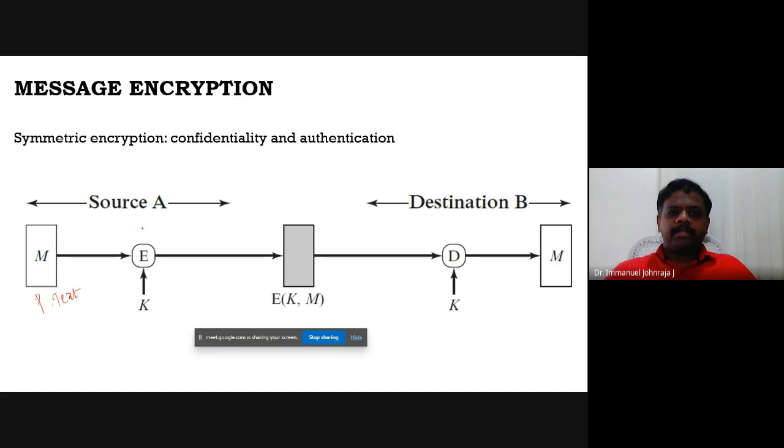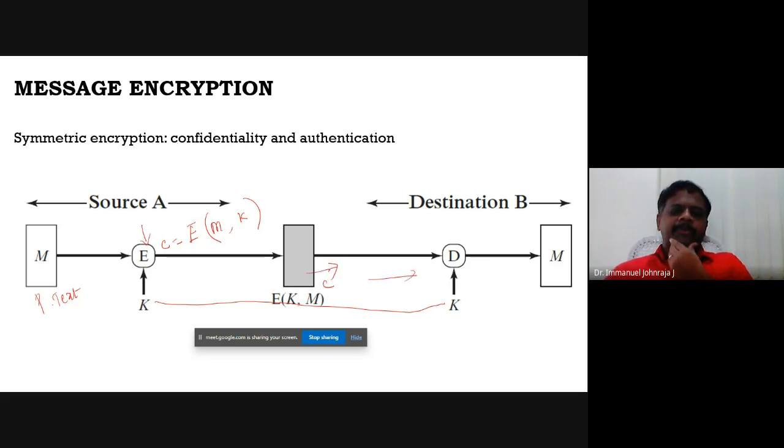And there is an encryption algorithm running, which encrypts the original message. The encryption algorithm takes the message and a key. This key is shared between the sender as well as the receiver. So encryption happens using the key as well as the message to get the ciphertext. So this is the ciphertext C, which is transferred across.